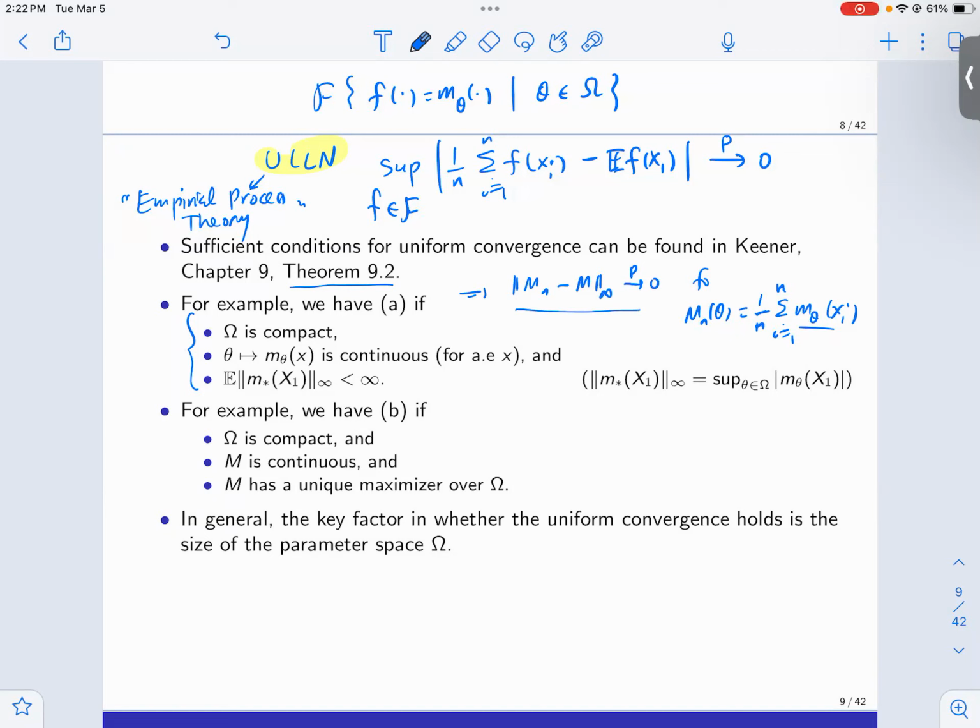And the idea is that, generally speaking, the complexity of this function class determines whether this holds or not. So if the function class is very large, then this could fail. For a function class that contains only one function, this definitely holds by the law of large numbers, as long as this is integrable.